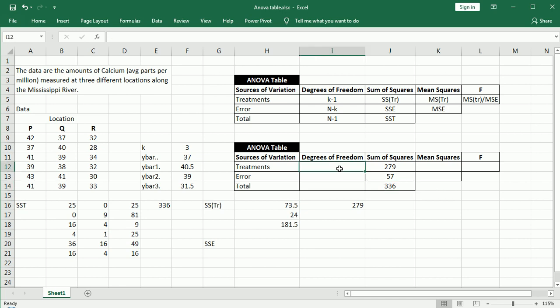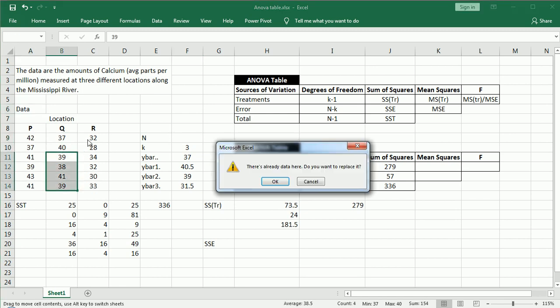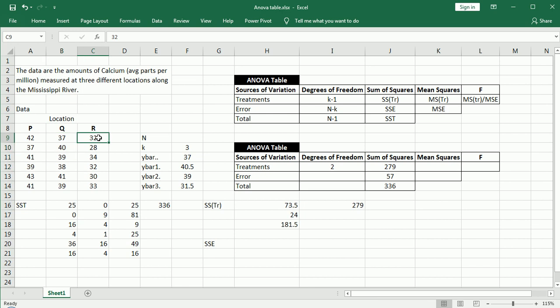Okay, fantastic. So now let's get the degrees of freedom. We know that the treatment's degrees of freedom is k minus 1. We know k is 3, so this must be 2. For the error, the degrees of freedom is n minus k. What do I mean by n? N is the total number of observations in the study, so it's the sum of the sample sizes. We had 6, 6, and 6, or if you like, you could use the count function. We had 18.